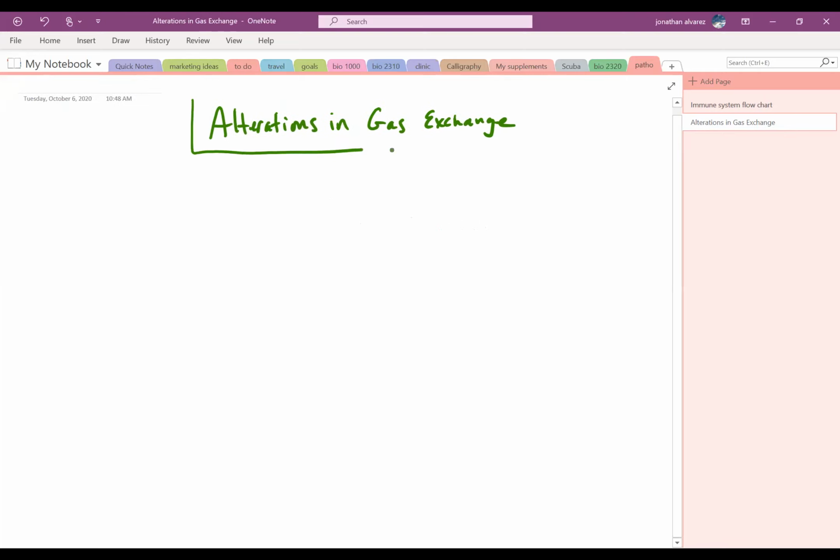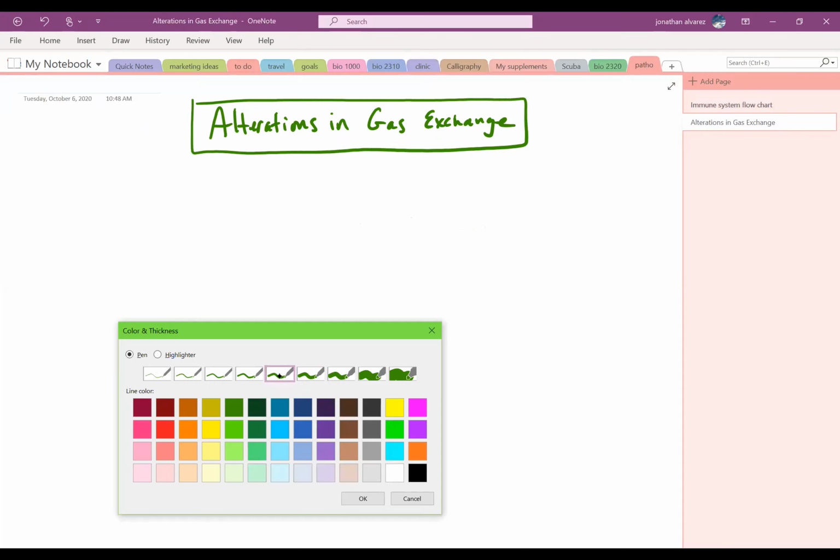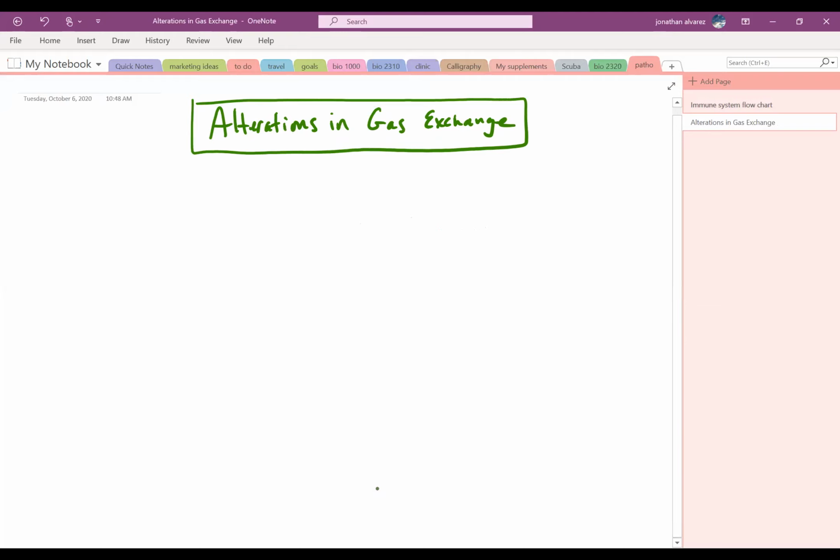All right, alterations in gas exchange. Just a really quick reminder, right? You have the lung field, so right and left lung, okay?